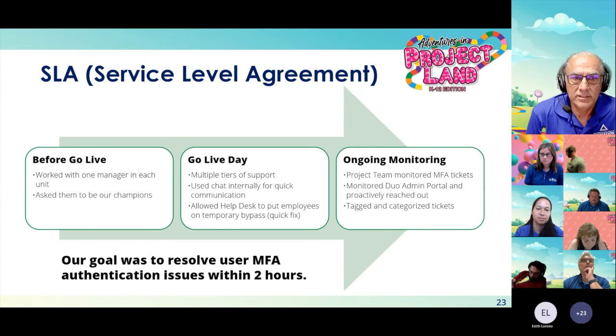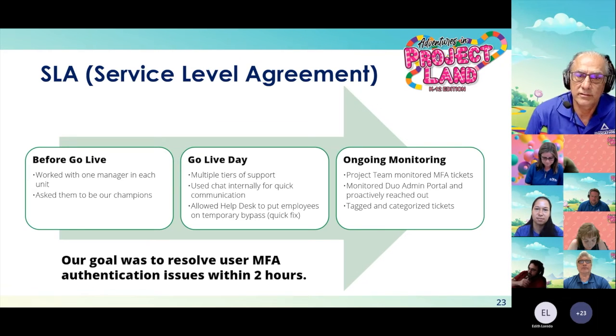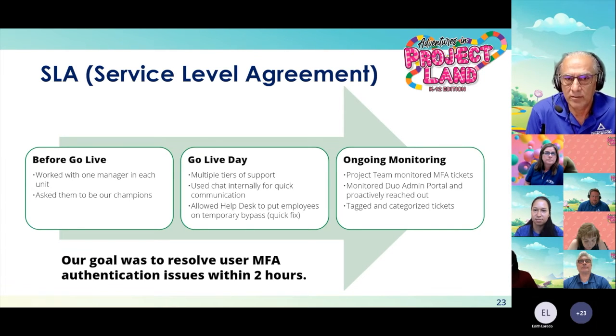The project team resolved any issues that they could and assigned other tickets to the responsible party, which was the other tiers. They also provided routine updates to the governance team with the number of open tickets and the most common issues that our users had. All tickets within ServiceNow, our ticketing platform, were tagged so that we can categorize them later and better understand how to improve our user support.